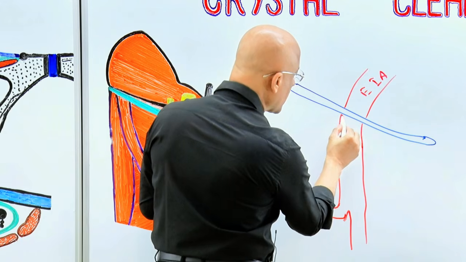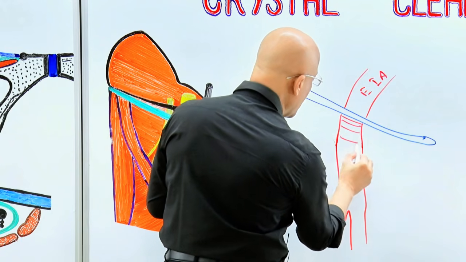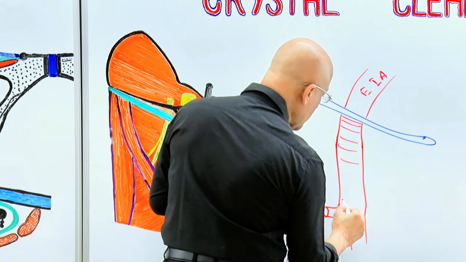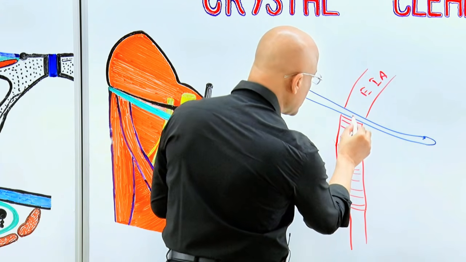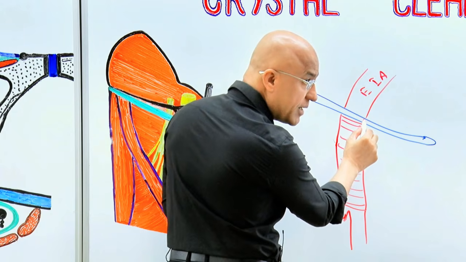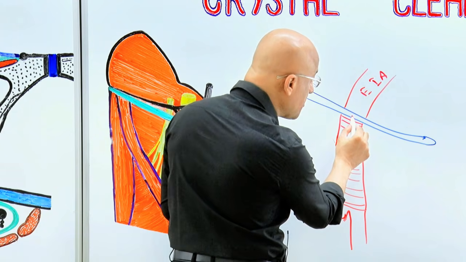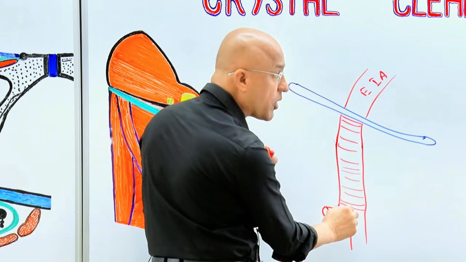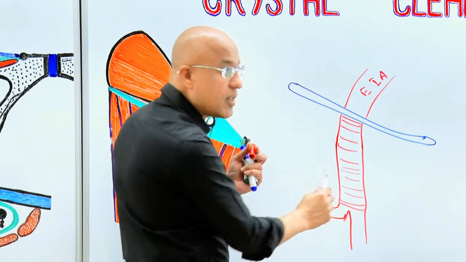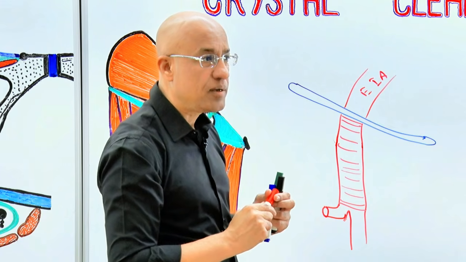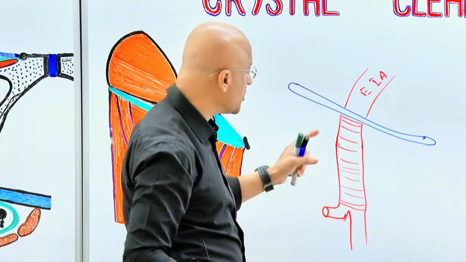From here, the common femoral artery starts. From here up to here is the golden segment, just at the mid-inguinal point, just below the inguinal ligament, extending up to the point of bifurcation and just anterior to the medial part of the head of the femur.